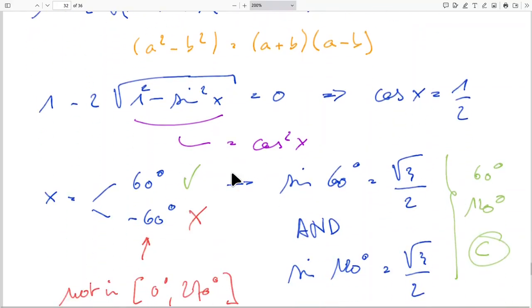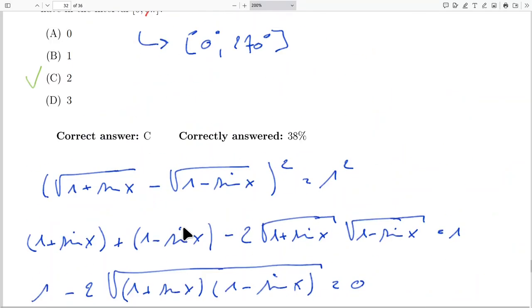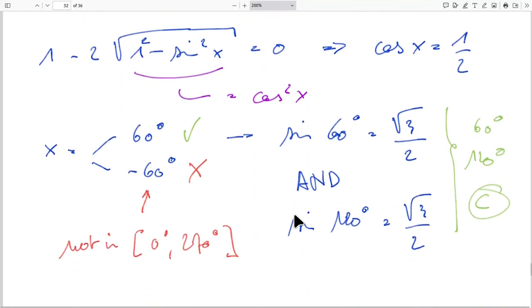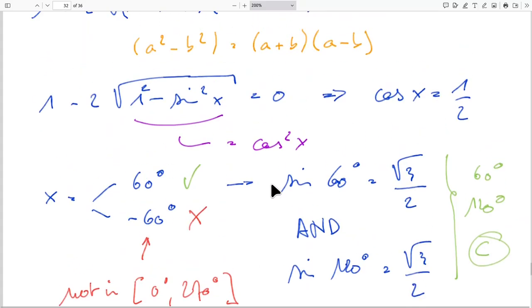Okay, that works for 60 degrees and minus 60 degrees, or 300 if you like, but minus 60 is not in our interval 0 to 3 pi over 2, or 0 to 270 degrees, so we reject this one. So we have sine of 60, which gives you square root of 3 over 2.